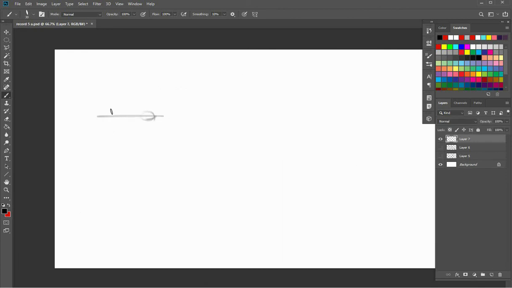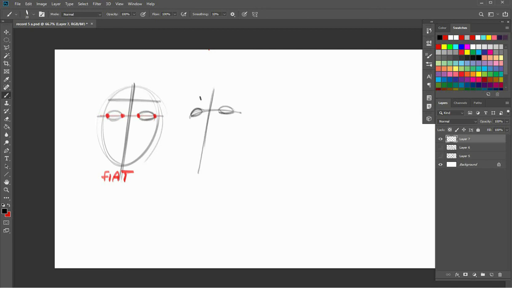If we draw the eyes in a straight line, the face becomes flat. So we should draw them on a curved line to look more natural. You see, these corners of the eyes must make a curved line, not a straight line.